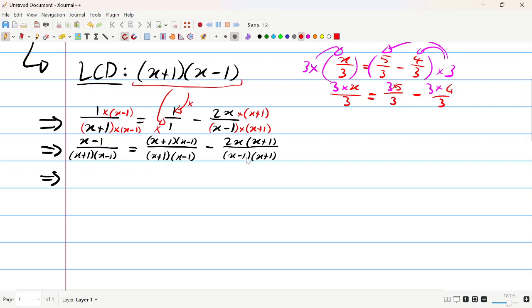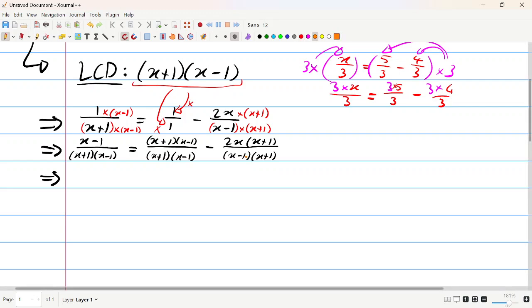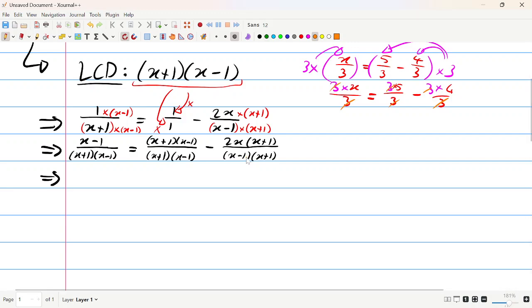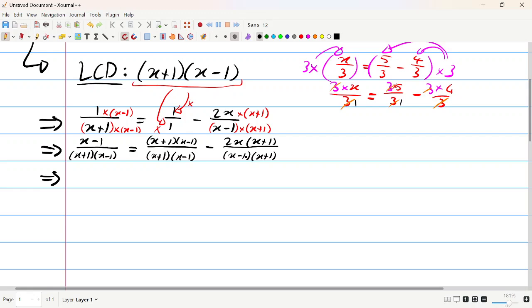And what do you notice? What we notice is that the 3's can cancel in every single one of these terms. And what are we left with? We are obviously left with 1 in the denominator, and anything divided by 1 stays the same.